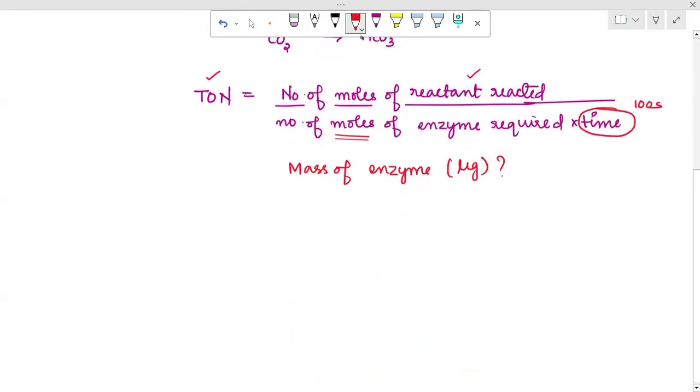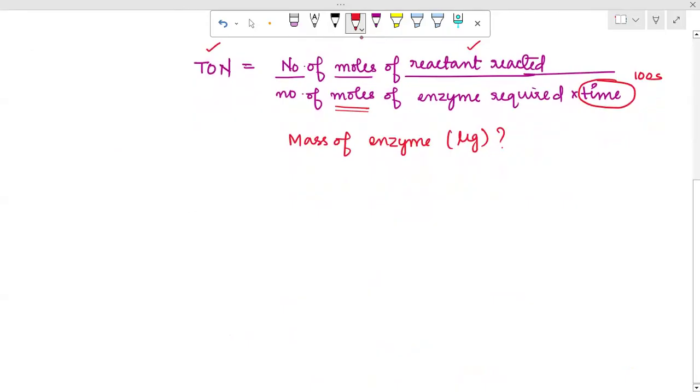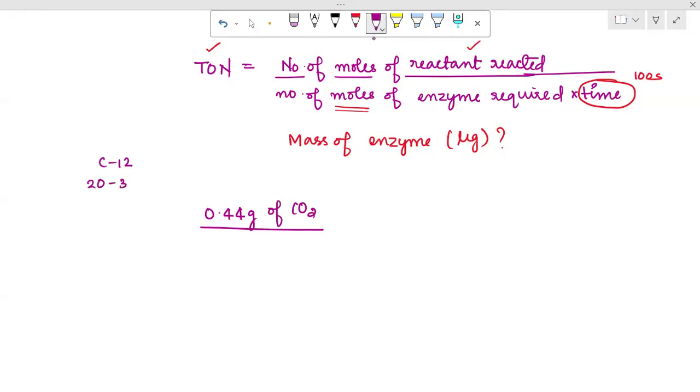All right. So first we have to find the number of moles of the reactant. In the question, they have already given that 0.44 gram of carbon dioxide is converted. Now, the molecular mass of carbon dioxide: carbon is 12 and there are 2 oxygen, which is 32.